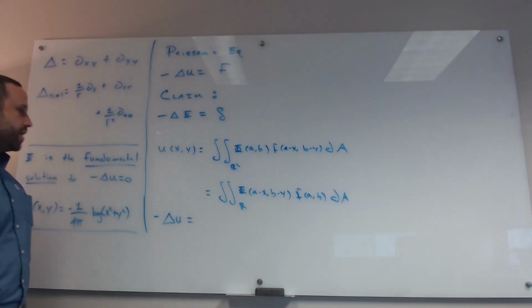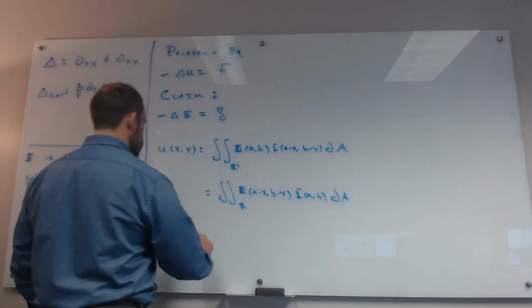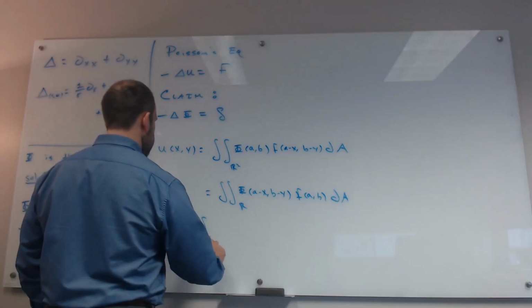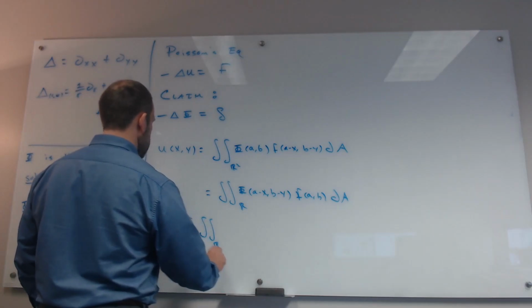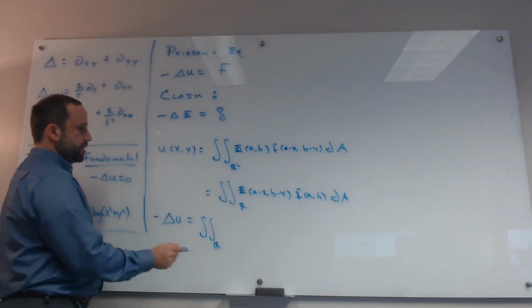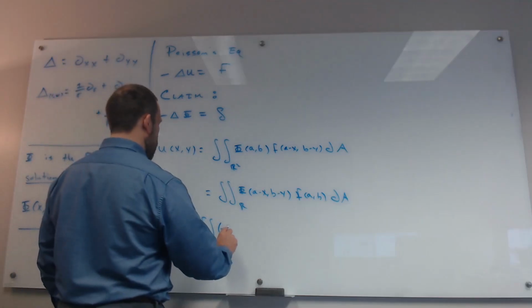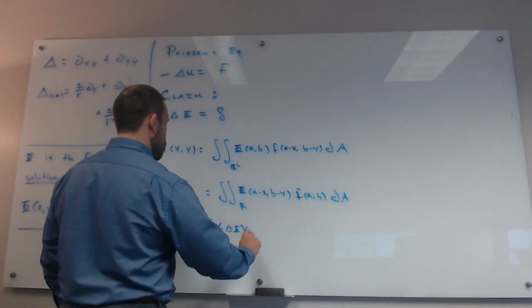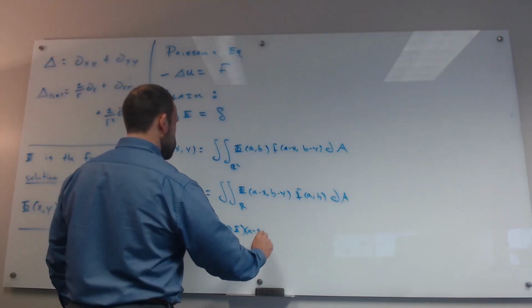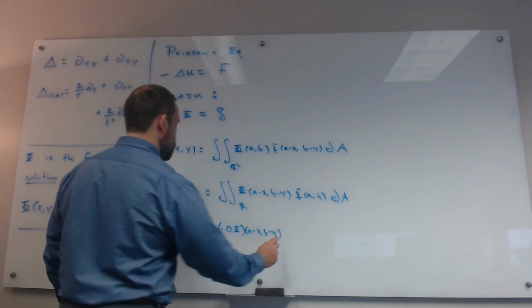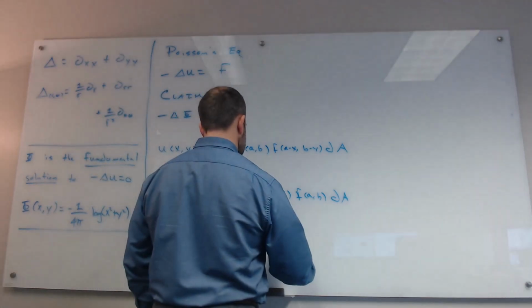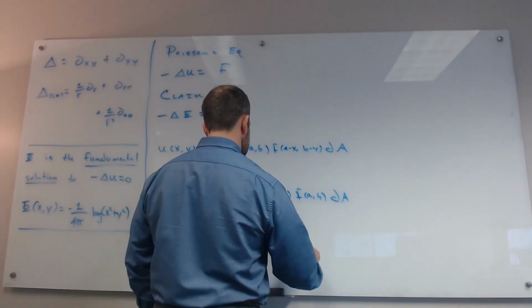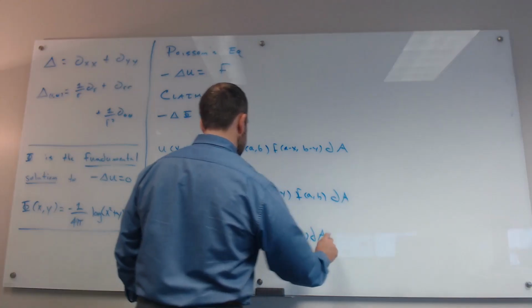Okay, what I'm going to do now is the illegal move of moving this minus Laplacian inside the integral. And so we're going to get minus Laplacian phi of a minus x, b minus y, times f of a, b.